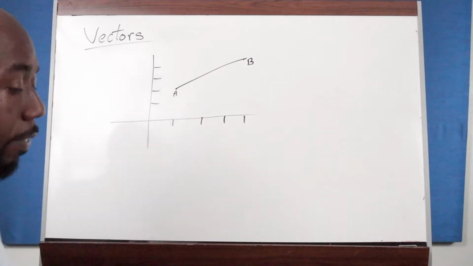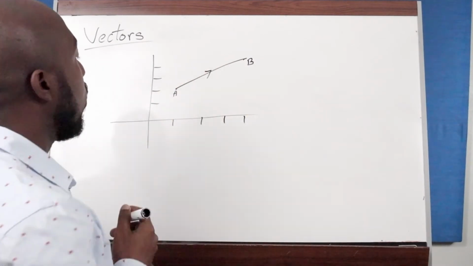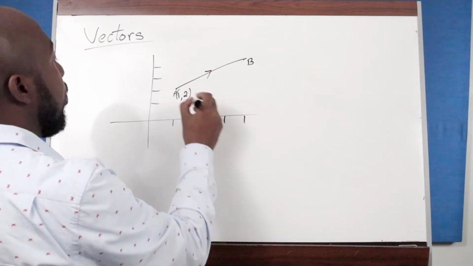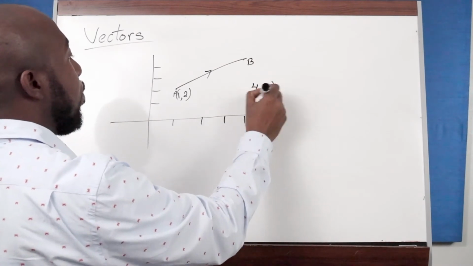Now let's say we have a graph like this, and it says A to B. Note A coordinates here are 1 and 2, and B here is 4 and 4.